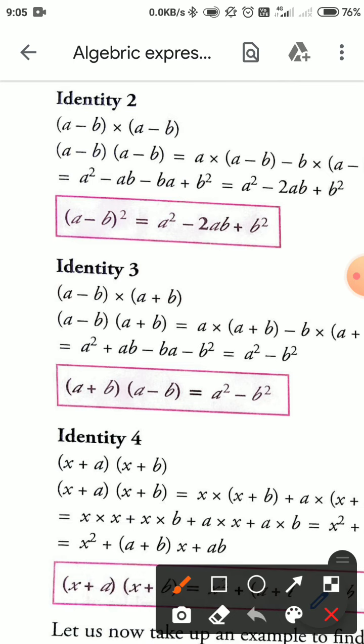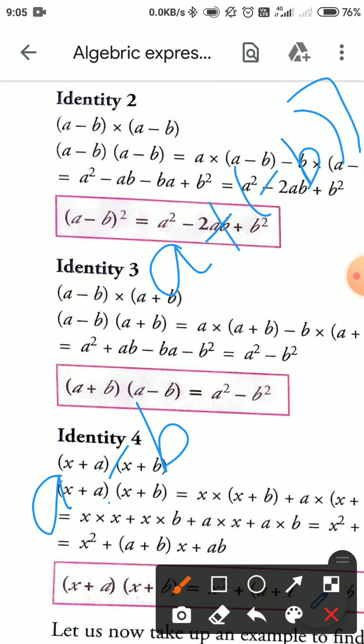I can write this a minus b as a plus minus b, because this plus and minus becomes minus, so it is the same as a minus b, right? So if I write this a minus b as a plus into minus b, what I will get is the identity for a plus b whole square, where b is equal to minus b.